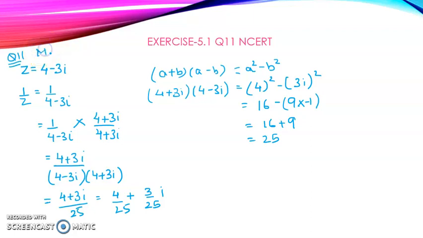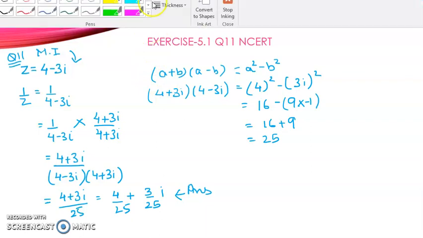I am writing: the multiplicative inverse of 4 minus 3i is 4 upon 25 plus 3 upon 25i. This calculation I have done here, students: 4 minus 3i into 4 plus 3i. Let me change the marker so it will be easy for you.